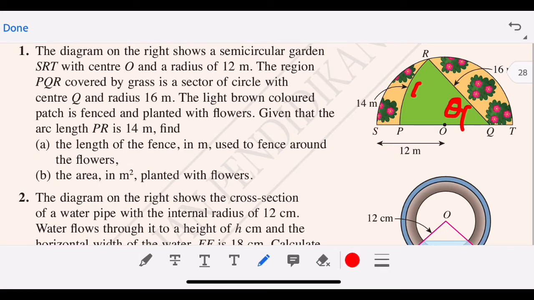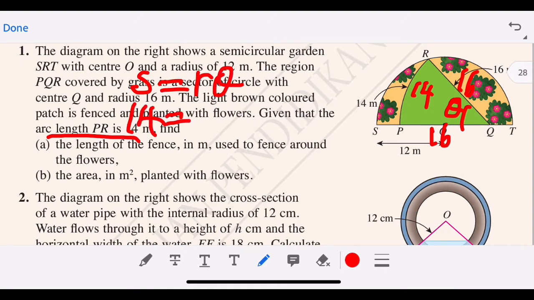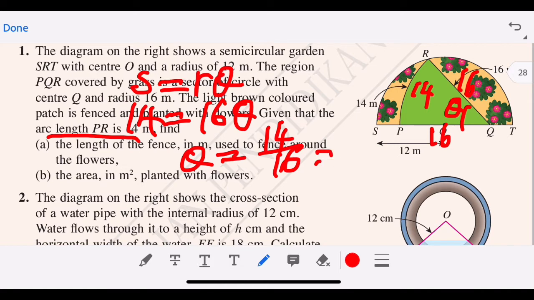Arc length is given as 14, and the radius is 16. So we use s equals r theta. 14 equals 16 theta, so theta is 14 over 16. If you press your calculator, you get 0.875 radian.